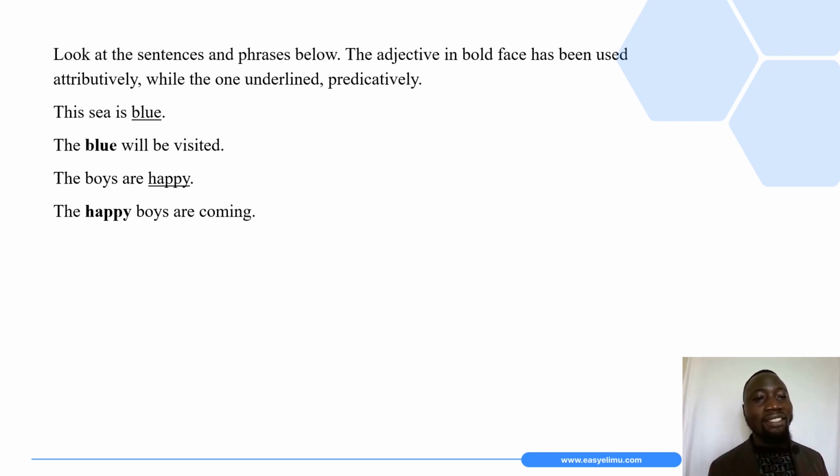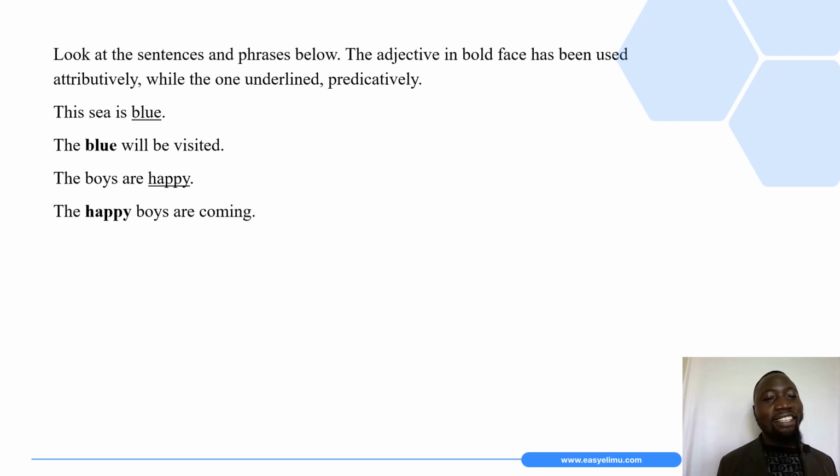The first sentence, the sea is blue. The adjective there is blue. Then the next sentence, the blue sea will be visited.